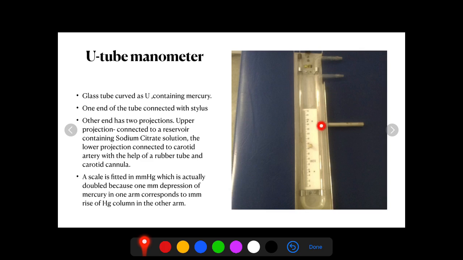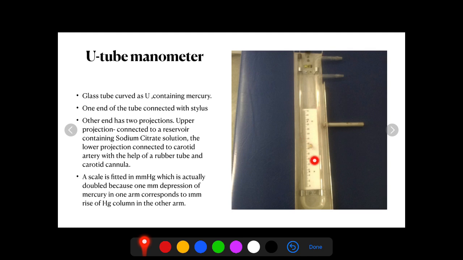Now, there are graduations over here, and there is a scale in millimeter of mercury, but the scale is doubled. Why? Because for 1 millimeter depression of the mercury column due to the pressure of the blood from the carotid artery, there will be a corresponding 1 millimeter rise on the opposite arm. So the total difference is 2 millimeter.